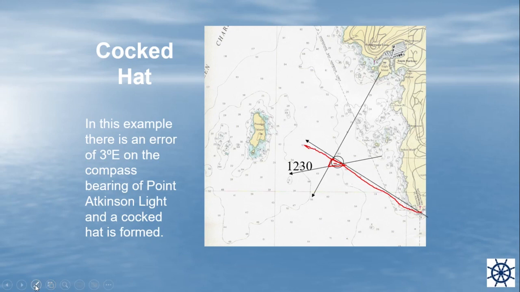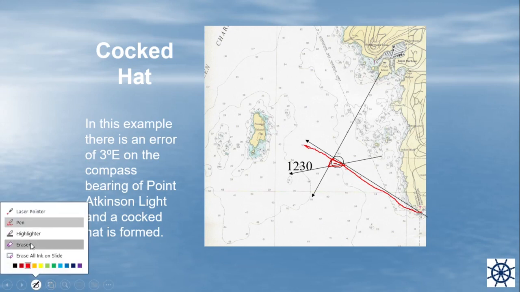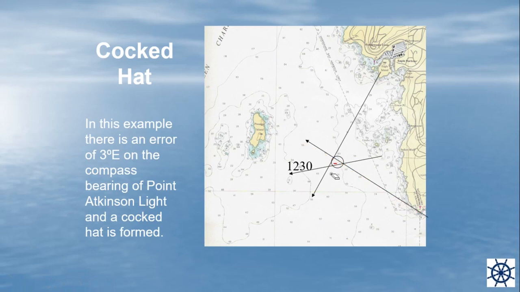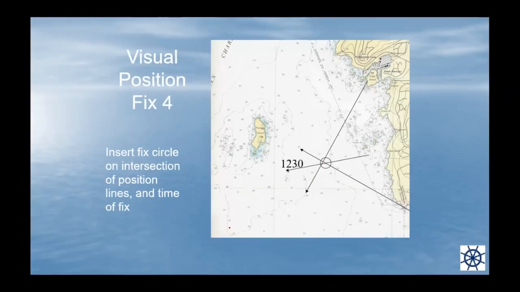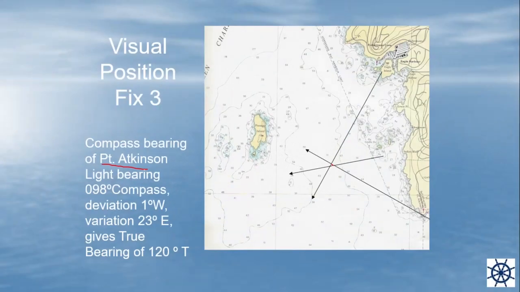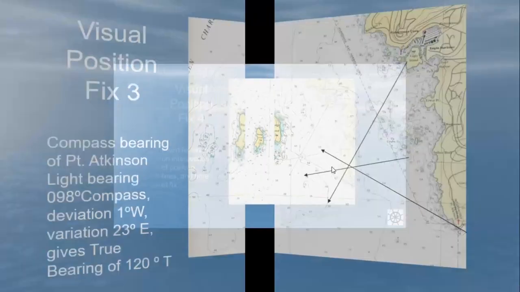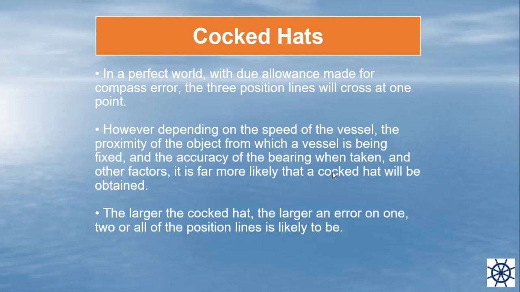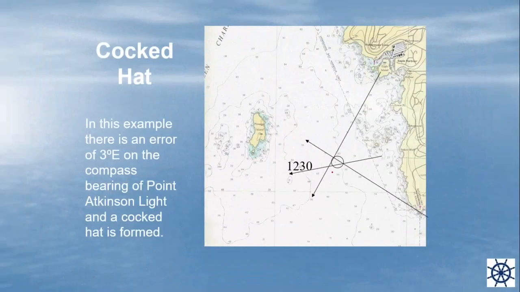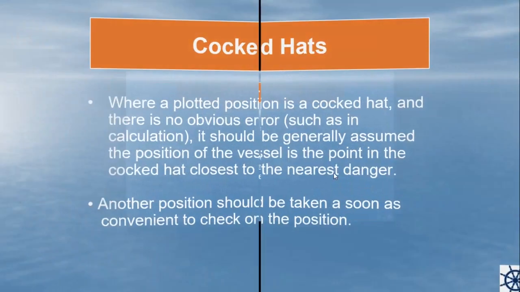It creates a big triangle there, so the position will not be so accurate. Unlike the previous one, we have a small triangle, that creates a minimum error. Okay, that's all for cross bearing using magnetic compass.